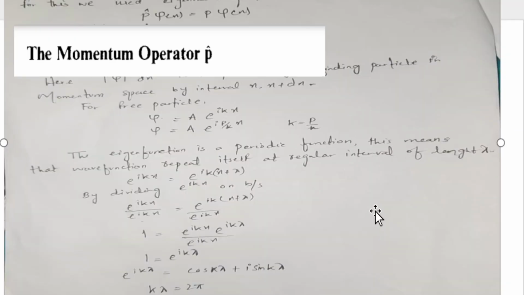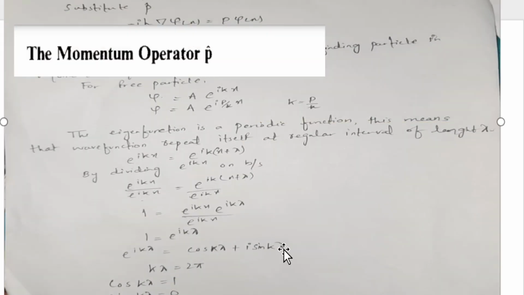For this, by Euler formula, by Euler notation, these values exactly equal cos k lambda plus i sine k lambda. Okay, so you have to select the values in order to get 1.